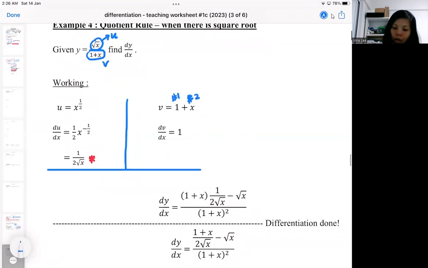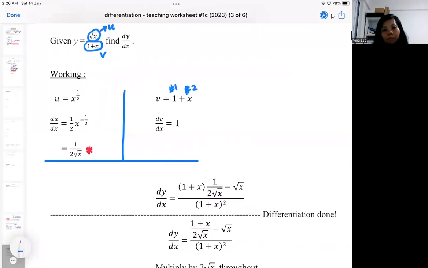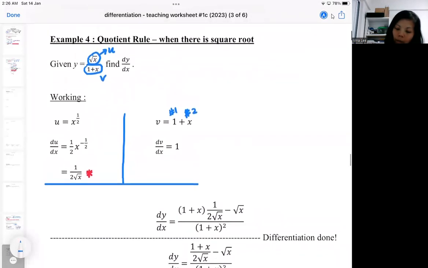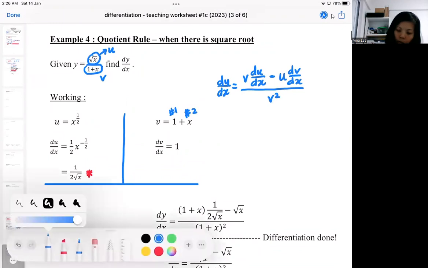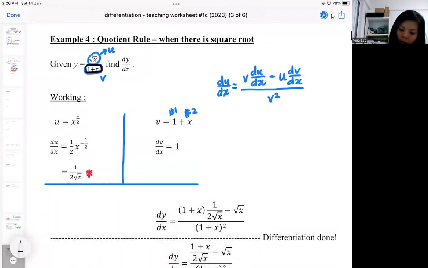Here the challenge will be plugging into the formula. I'm going to write the quotient rule so that you can visualize what is being done. It always starts with v and you are subtracting. And then there is a denominator which is the original denominator squared. Take a look, this is the original denominator, then you square it.